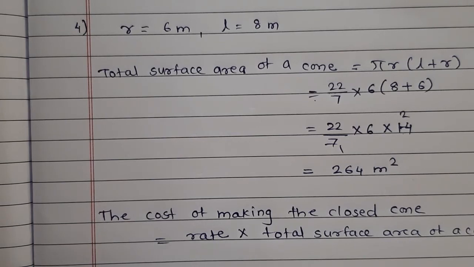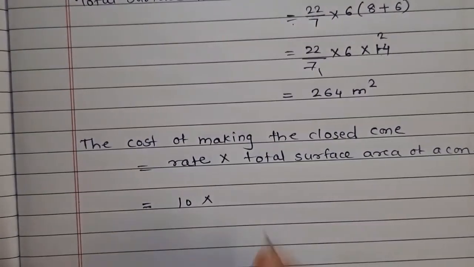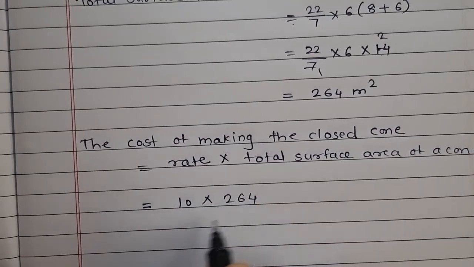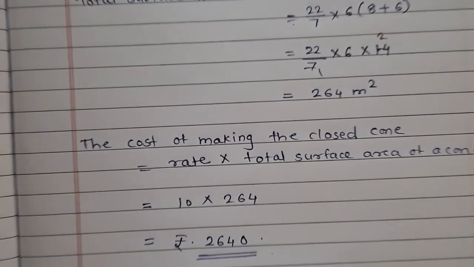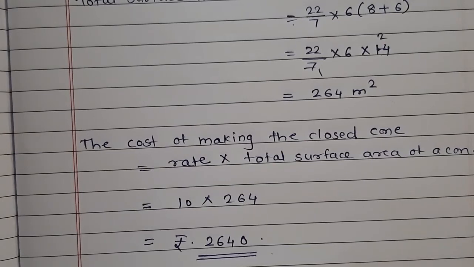Rate is given rupees 10 and the total surface area is 264 meter square. So total cost is rupees 2640. Okay, understood? Now you will complete this sum and along with that the remaining sums also you have to solve.